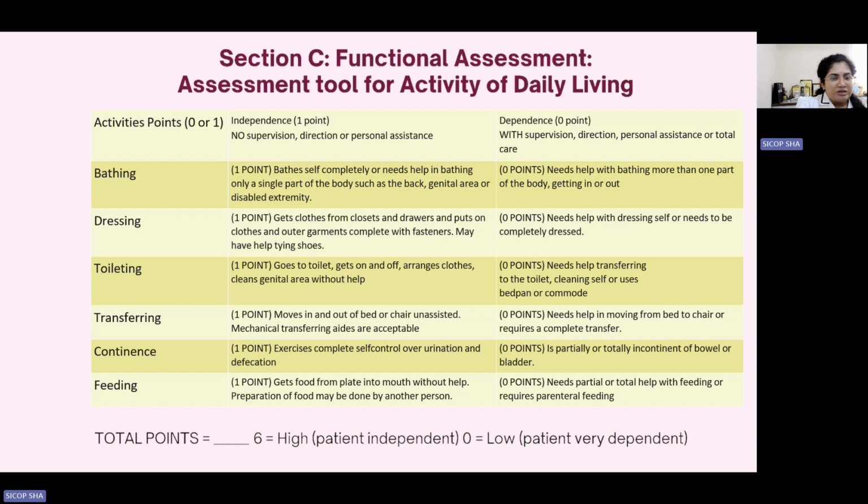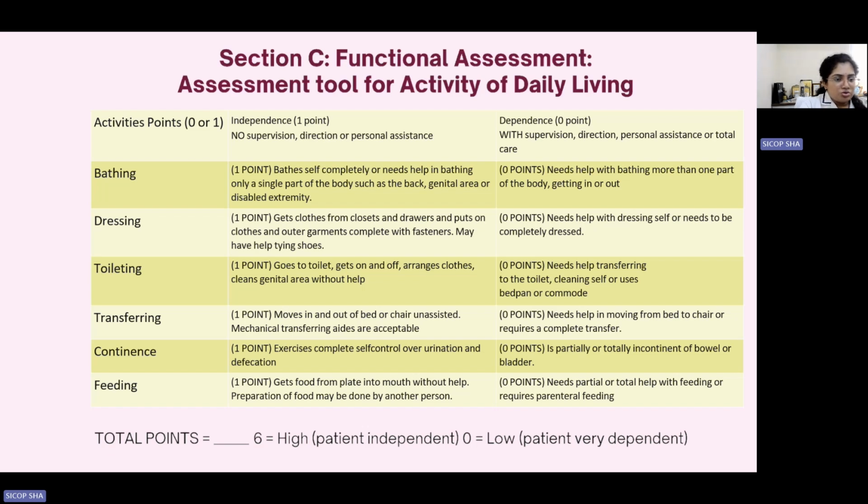Then 0 points if they need help bathing more than one part of the body, or getting in and out of the bathroom. Dressing, 1 point if they get clothes from closets and drawers and put on clothes and other garments completely, including fasteners; help with tying shoes is allowed. If they need help dressing themselves or need to be completely dressed, that is 0.